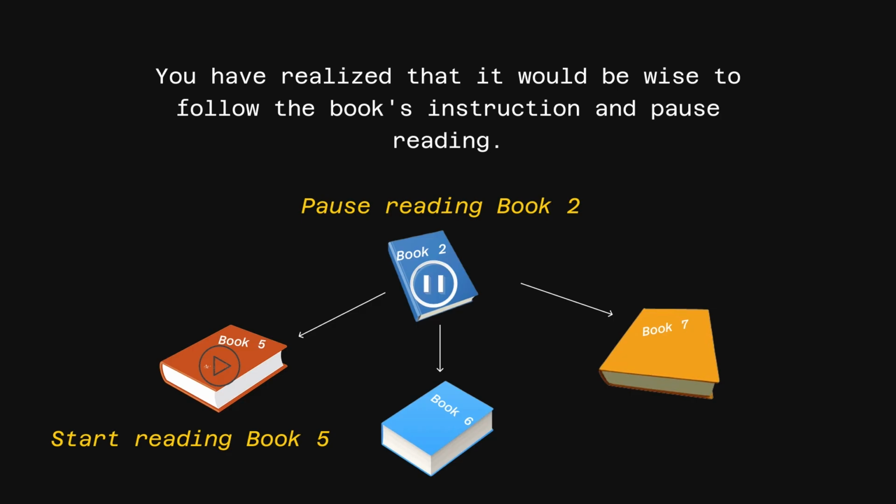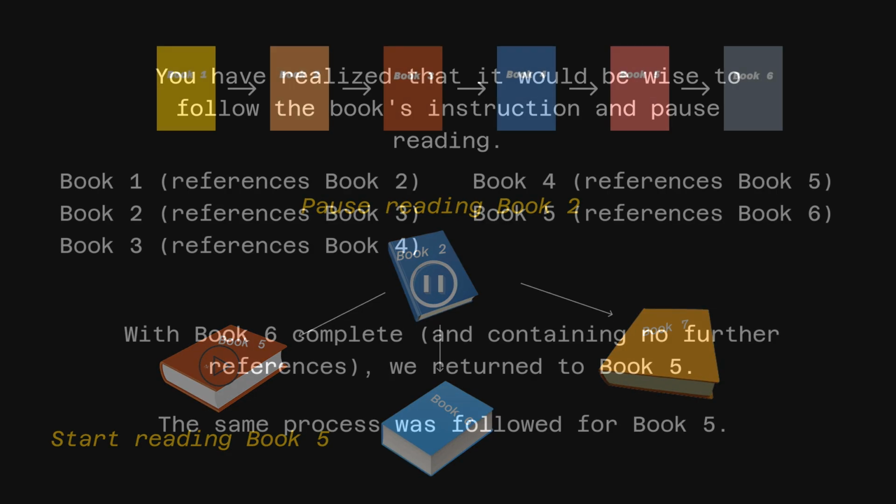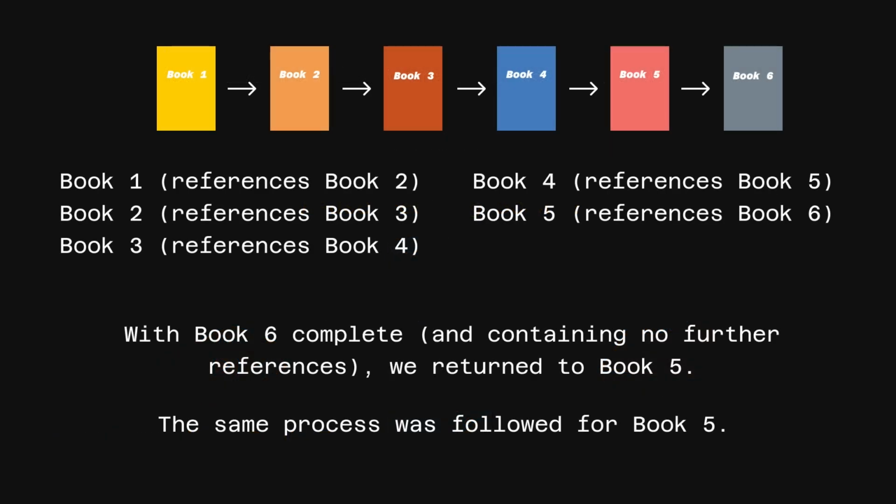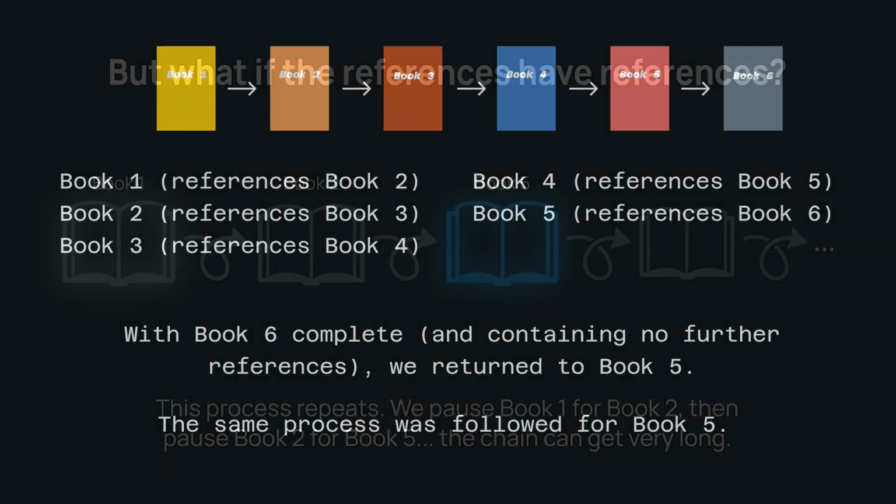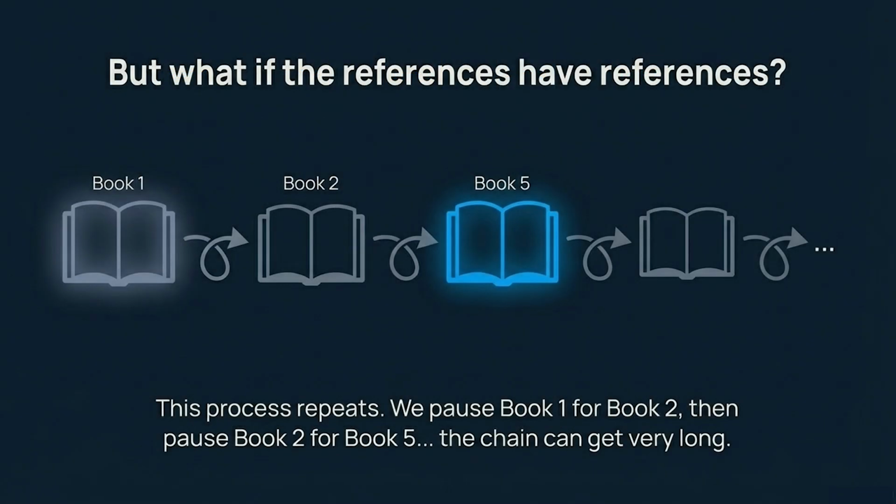For example, if book 2 references book 5, we will pause book 2, read book 5, and upon completion of book 5, we would resume book 2 from where we left off. We begin with book 1, which references book 2, which references book 3, and so on, up to book 6. Since book 6 contains no further references, we can complete it, and upon its completion, we could then return to book 5 and continue reading from where we left off.